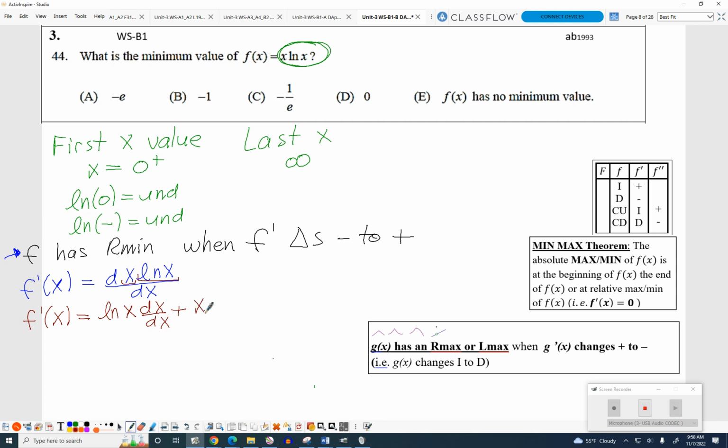There we go. Questions from anyone? Sweet. Jacob, now what? F prime of x equals ln x. 2 points.